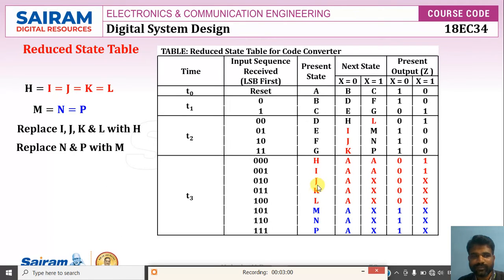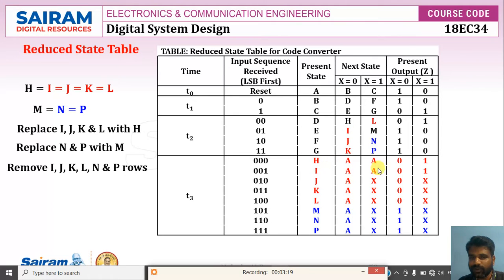Similarly, if we keep the M row, replace N and P with M, here and here. Clear? And remove them.